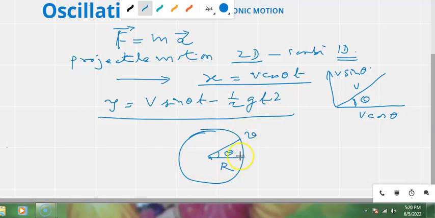We can discuss the position of the object in terms of its x and y coordinates. This is the x coordinate, and this is the y coordinate when the object is at this point, let us say A. So x is equal to r cos theta and y is equal to r sin theta.